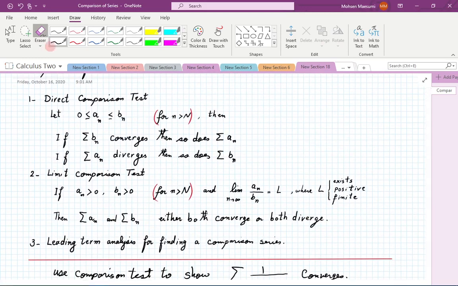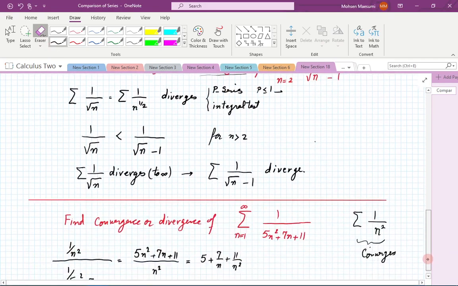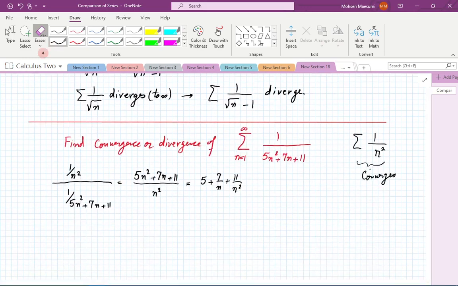So if you have two sequences, the ratio of them has a limit that, first of all, does exist, second it's positive, and third it's finite. Then the two series that are built based on these two, either both of them converge or both of them diverge. So here we are essentially saying that this series is comparable to that.